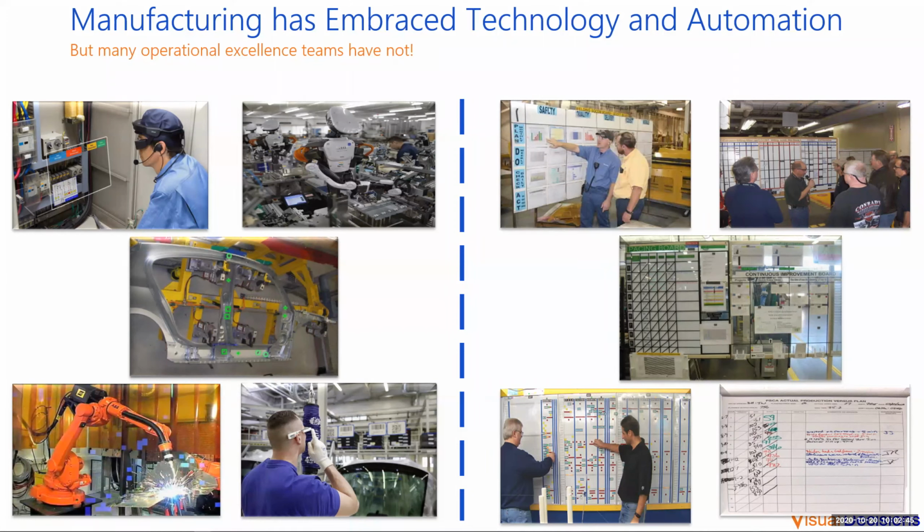So when we look at all the innovations that have come to manufacturing over the past 10, 15, 20 years, with robots and augmented reality and cobots and all kinds of different things that seemed futuristic just 5, 10 years ago, it's really amazing to see all of those things embedded into manufacturing processes across industries.